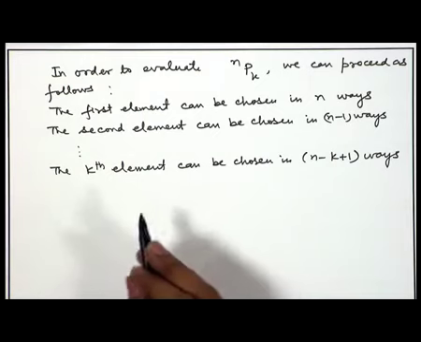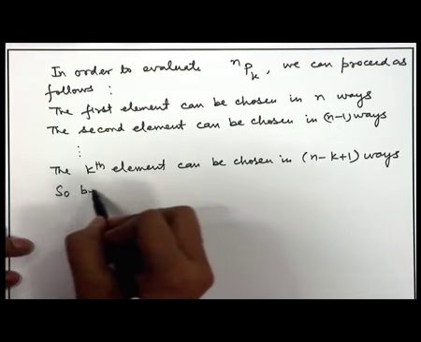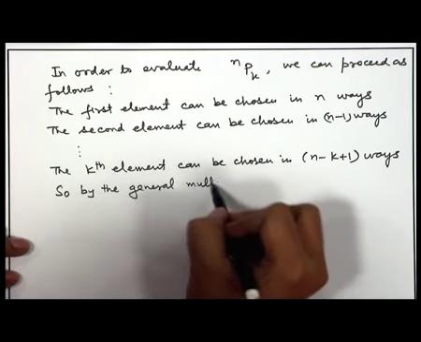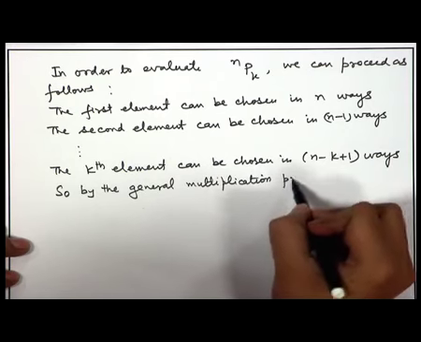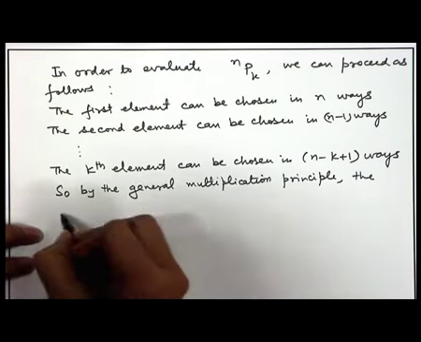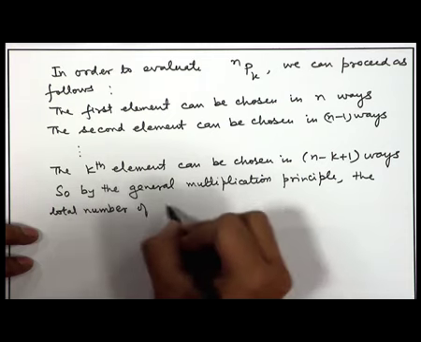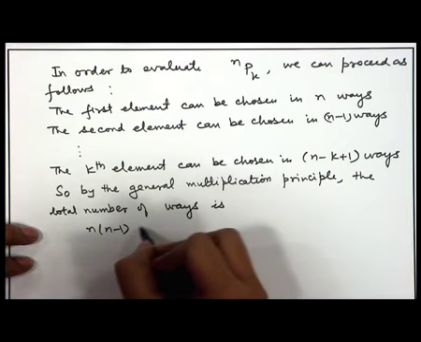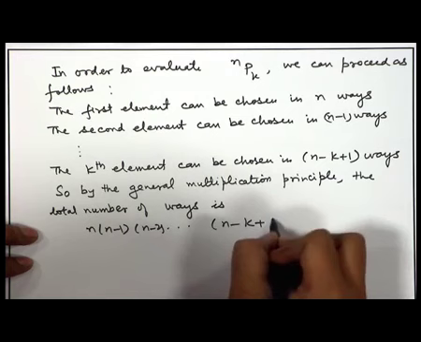So, now you apply the general multiplication principle. By the general multiplication principle, the total number of ways is n into n minus 1 into n minus 2 and so on up to n minus k plus 1.